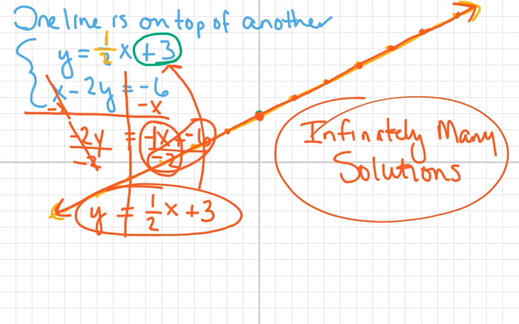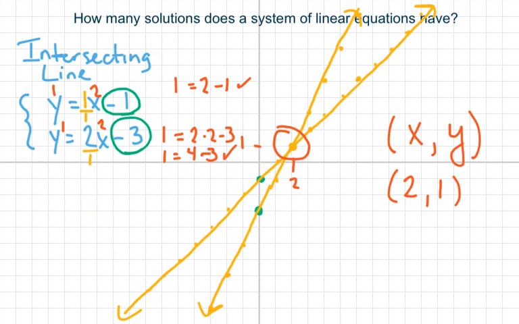Alright, now it's time to make some observations. So what we're going to do is go back to the intersecting lines slide. Take a look at why these two lines intersect. When the lines intersect, look at this part of the equation. You should notice that I'm circling the slope.